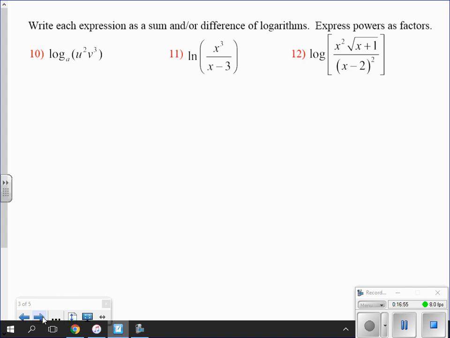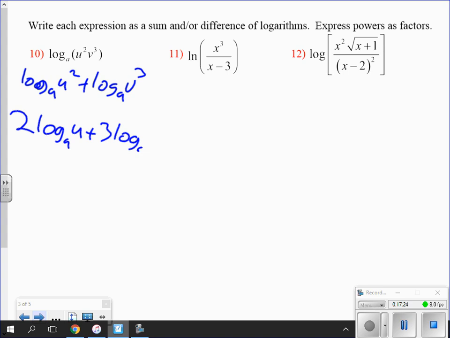That's the same thing as the log of individual things being added. So this is log base A of u squared plus log base A of v cubed. Bring the powers down out in front. 2 log base A of u plus 3 log base A of v.